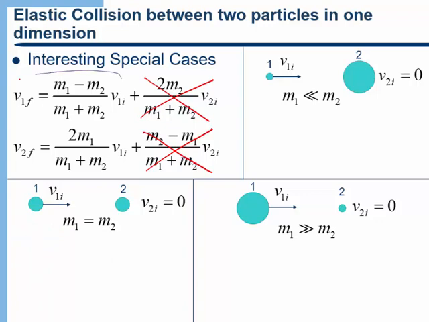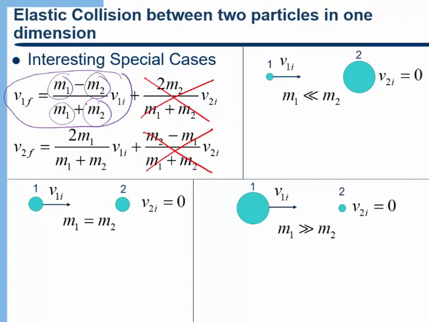So if we look at this equation for v1 final, if m1 is much less than m2, again, picture that being like 1 and that being a million, we'd have basically 1 minus a million over 1 plus a million. Well, that's basically just minus 1, right?